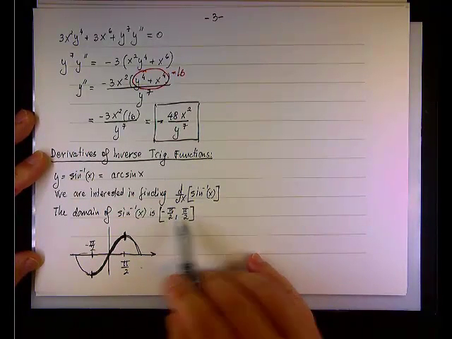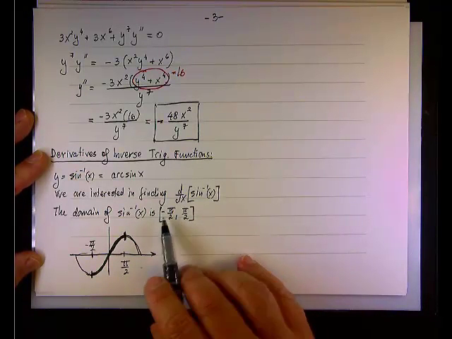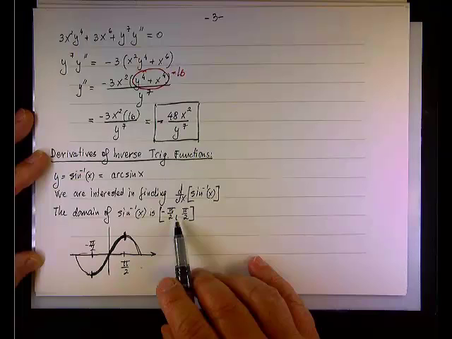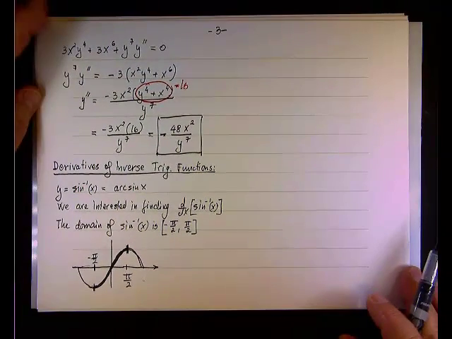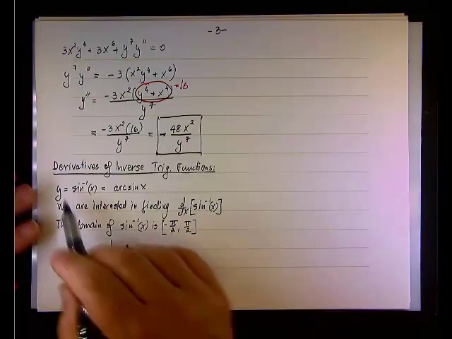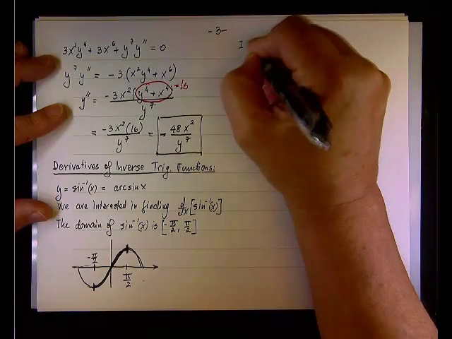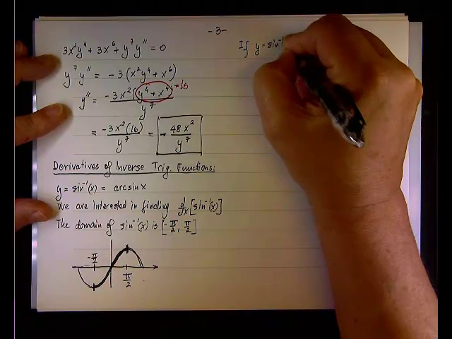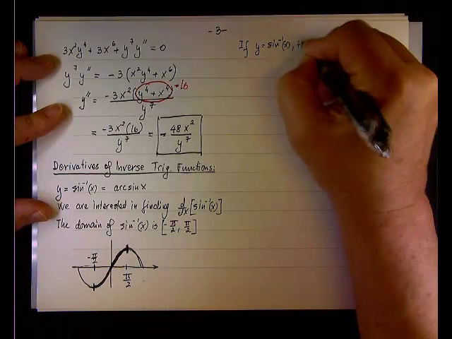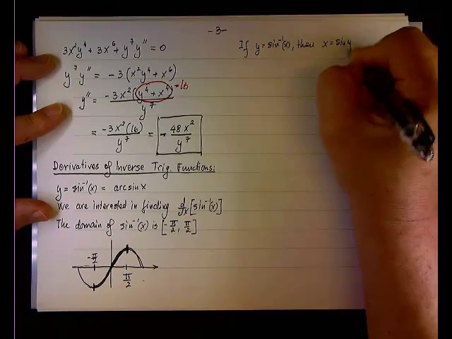In other words, this is the first quadrant, and this is the fourth quadrant. It becomes significant later on. Okay, so there is a reason why I'm showing you now. Now let's go back to the original. If y equals the inverse sine of x, then x itself is sine of y. Okay?